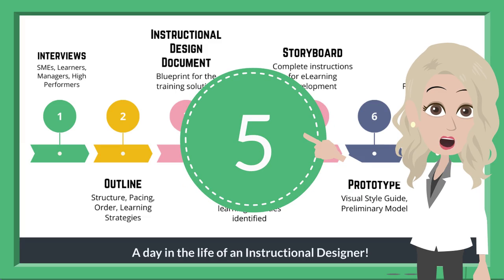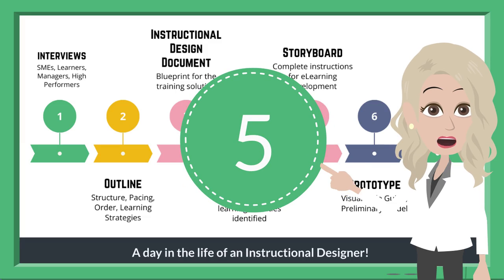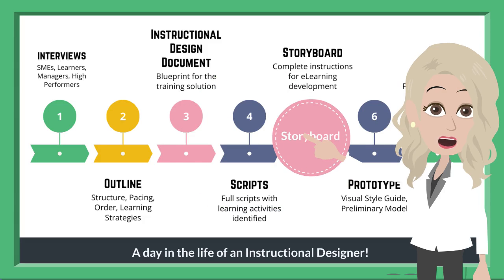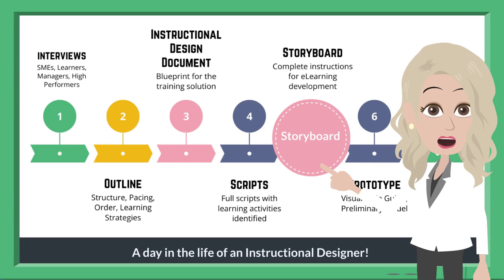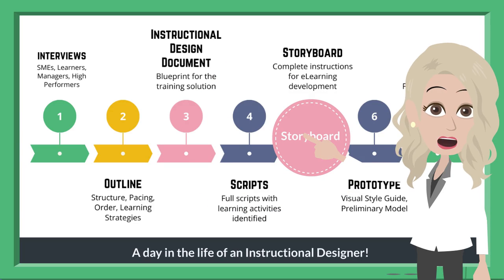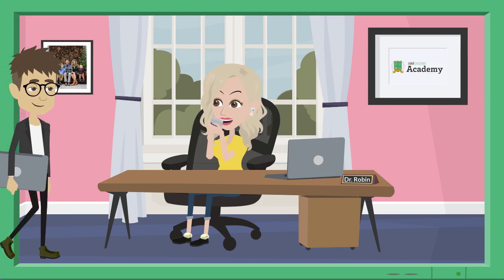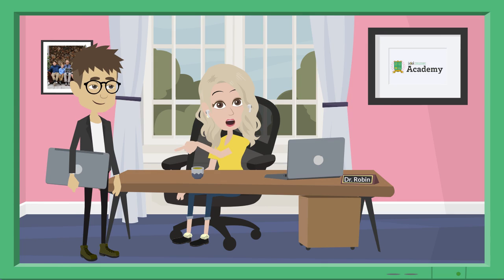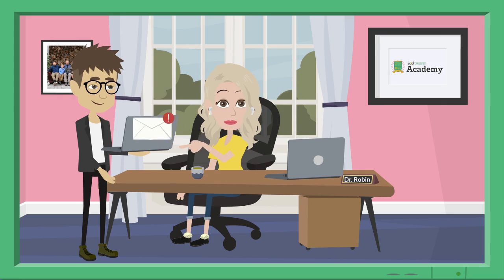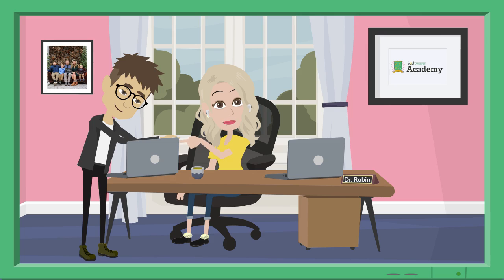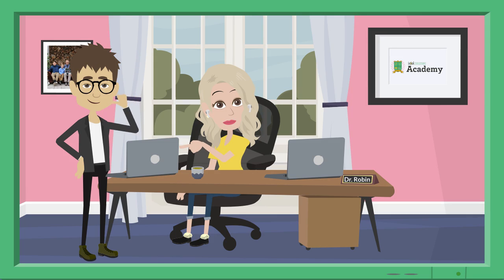Next, if you are developing e-learning but are not yourself the developer, you will create a storyboard that will serve as your complete instructions for the e-learning development. Your storyboard will include the complete outline for your course, the voiceover script, on-screen text, navigation, interactions, and notes for the developer.